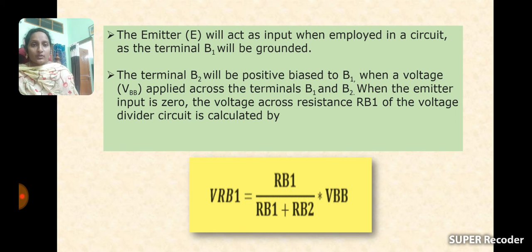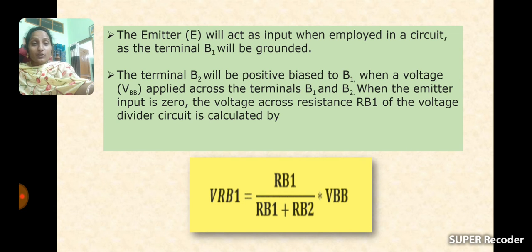When the emitter input is 0, the voltage across the resistance RB1 of the voltage divider circuit is calculated by VRB1 = RB1/(RB1 + RB2) x VBB. So VRB1, the voltage across base 1, is equal to RB1/(RB1 + RB2) x VBB.